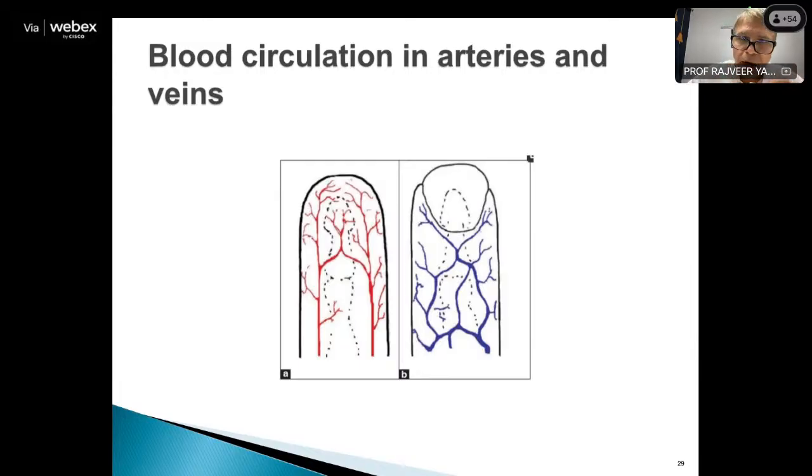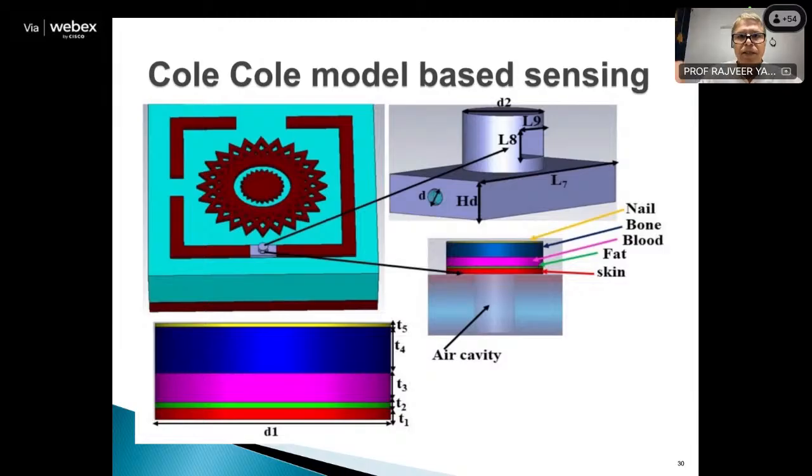We are all aware that the blood circulates in a forward manner. Now, if you see here, this is the structure. This structure will have some cavity or finger housing.